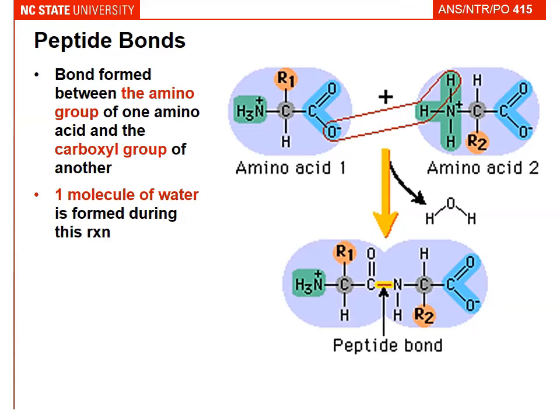So what does a peptide bond look like? Our peptide bond is what's formed between the amino group of one amino acid and the carboxyl group of another. Going off of the amide backbone of the amino acid, the oxygen off of the carboxyl end combines with the two hydrogens, so we get the formation of a water.